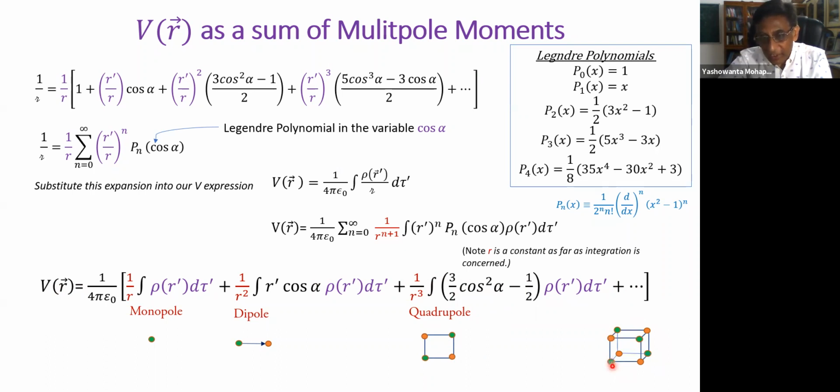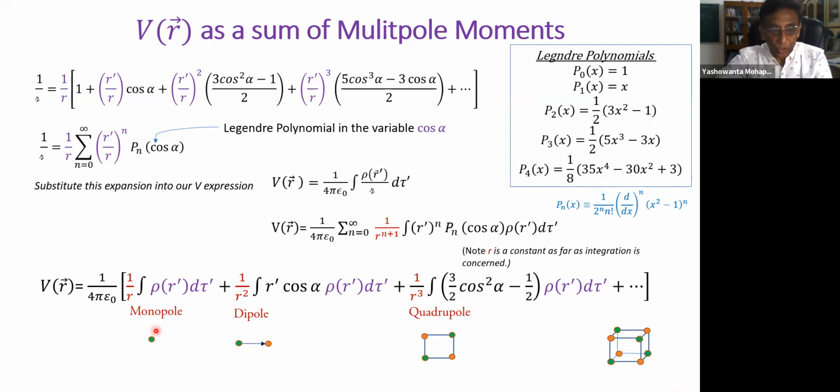Let's say these are the minus charges, the green ones are the minus charges, and these are the plus charges, so eight of them. We will not worry about the octupole term, but I just wanted to tell you that this is obtained in terms of its hierarchy.